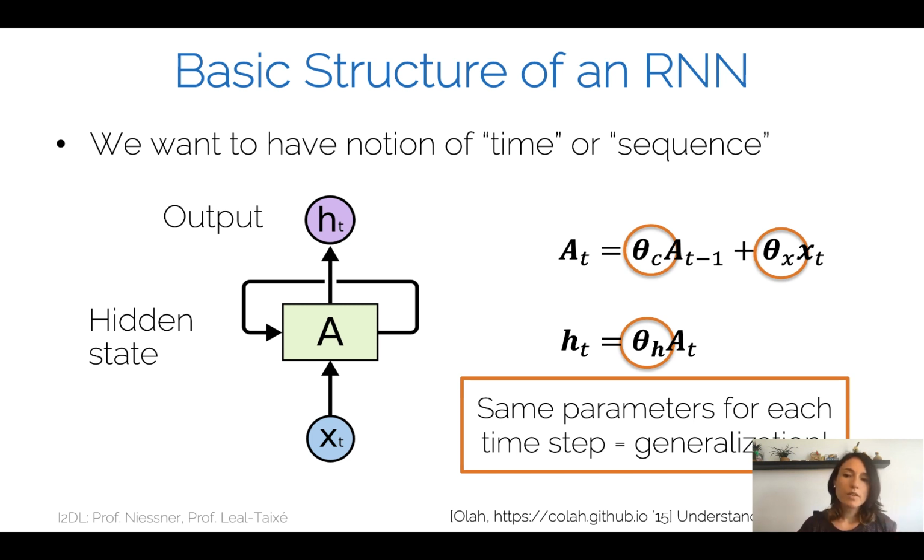And all the previous hidden states are going to be processed with theta c. And all the output words are going to be created from the hidden state and the set of parameters theta h. And this is what brings generalization to recurrent neural networks, the fact that these parameters are the same for each time step.